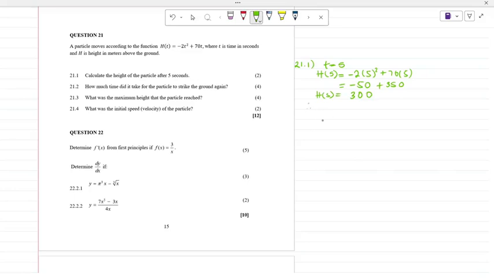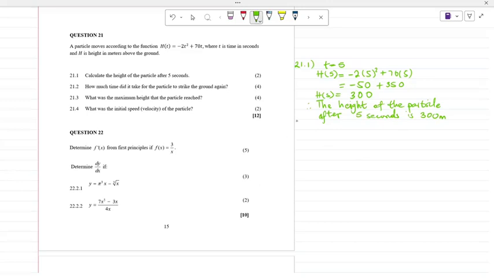Therefore, the height of the particle after 5 seconds is 300 meters.